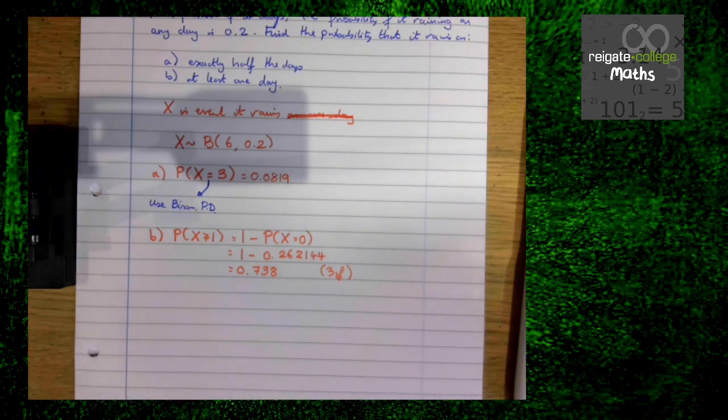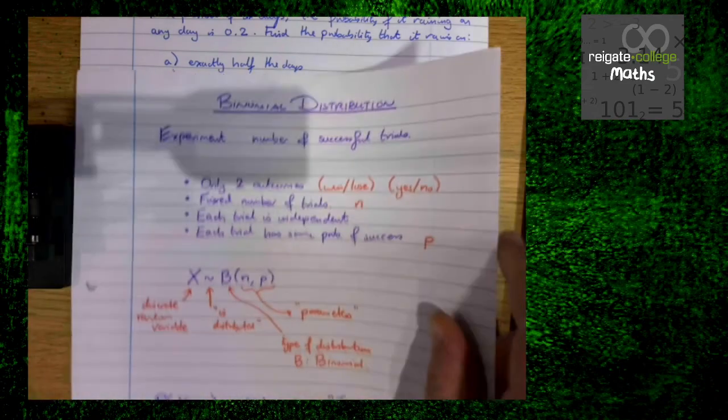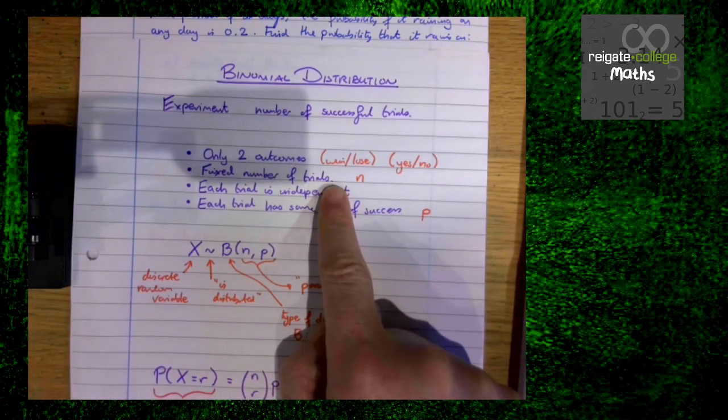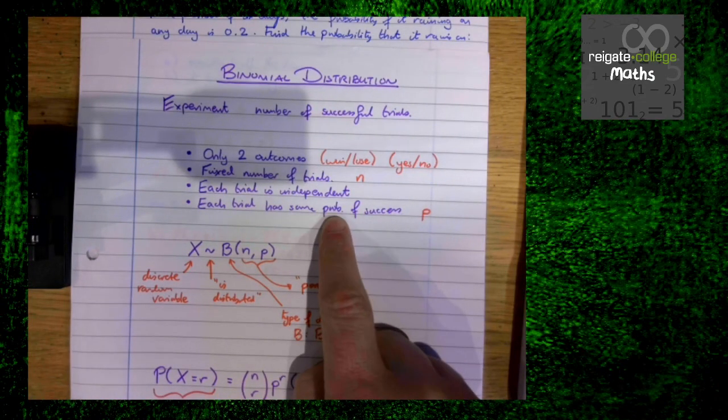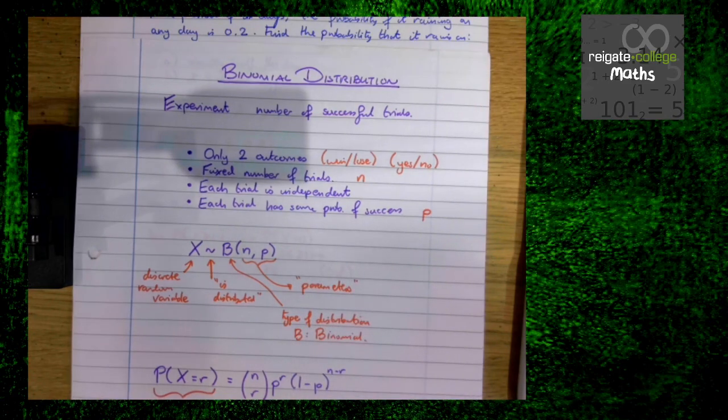Now for this question, you may get a question saying, as a part C, why might the binomial distribution not be a good model in this case? The way you answer these questions is you think about those 4 things that make the binomial a distribution. So remember, those 4 things are: we only have 2 outcomes, we've got a fixed number of trials, each trial is independent, and each trial has the same probability of success.